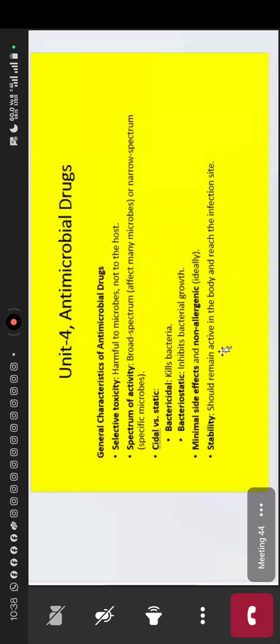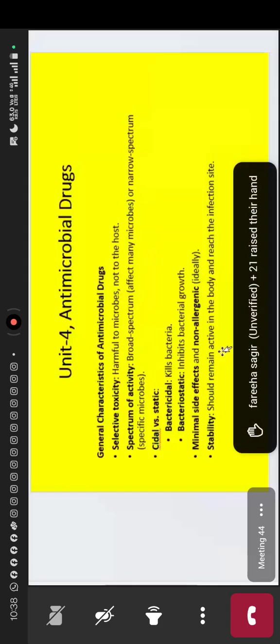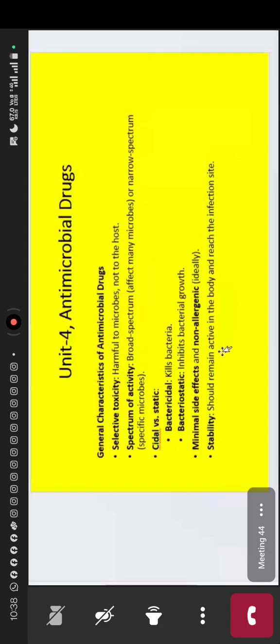So what are the general characteristics of antimicrobial drugs? See, there are some general characteristics of an antimicrobial drug, like they have selective toxicity. It means they are only harmful to the microbes, not to the host.